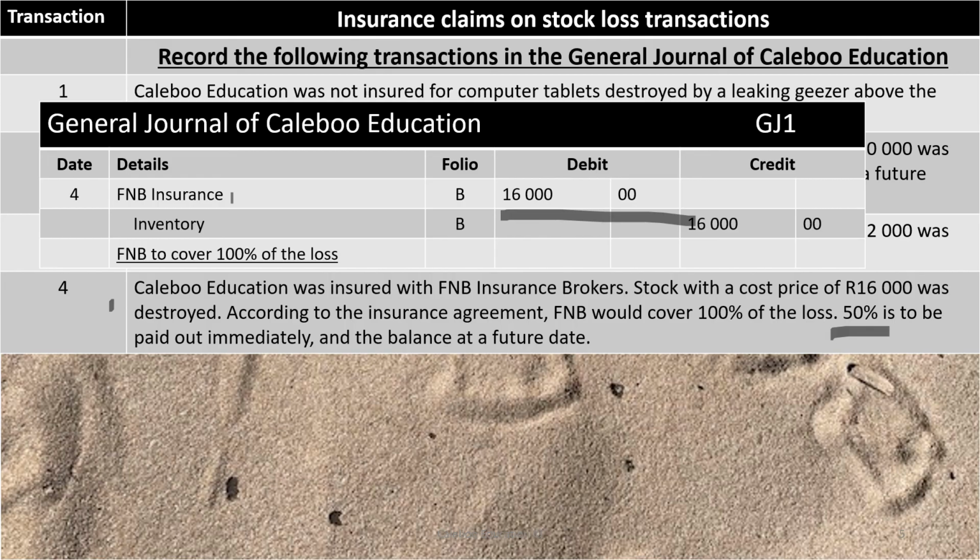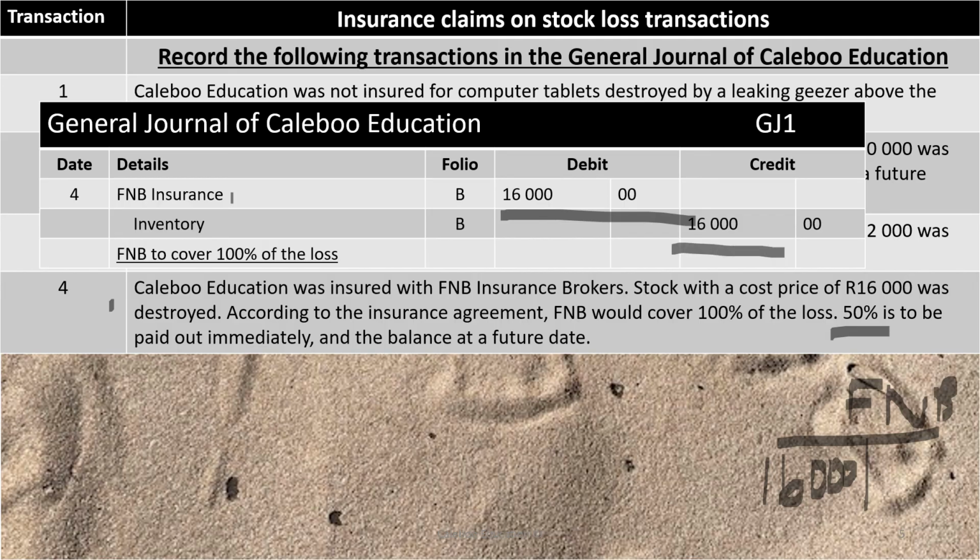We want the full amount in the FNB account, 16,000. Even though they pay us 50% immediately, we want to show the full amount that FNB have agreed to pay. So then the FNB account is 16,000.